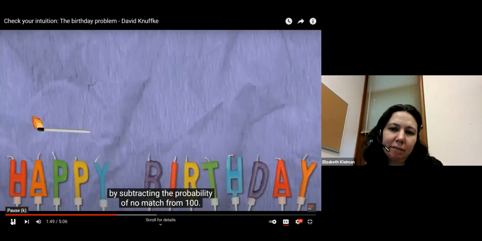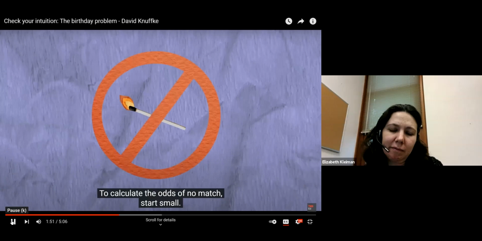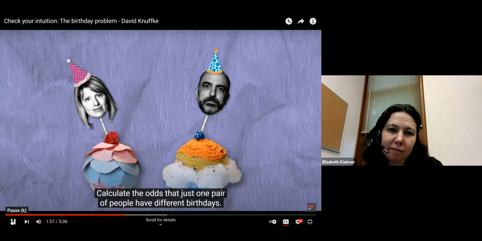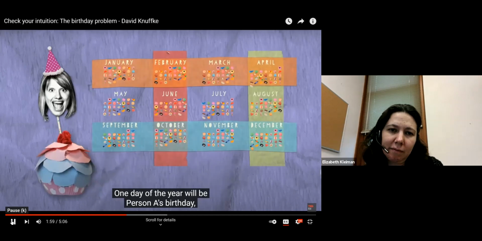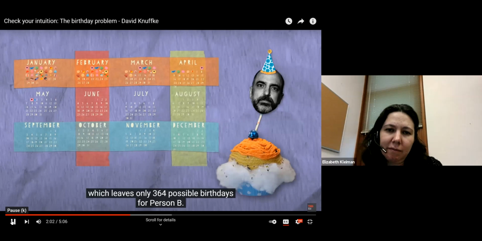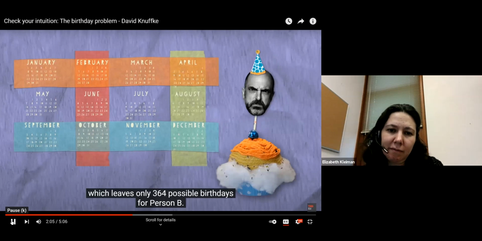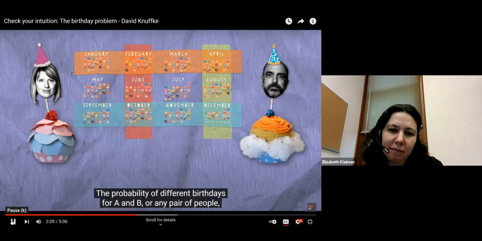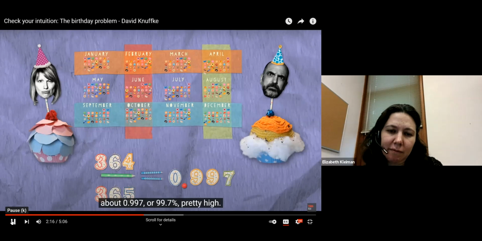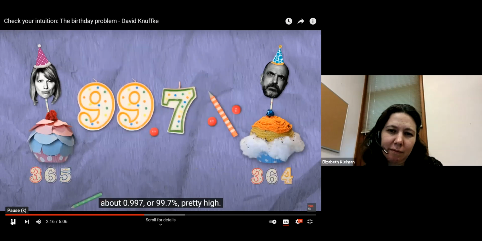To calculate the odds of no match, start small. Calculate the odds that just one pair of people have different birthdays. One day of the year will be person A's birthday, which leaves only 364 possible birthdays for person B. The probability of different birthdays for A and B, or any pair of people, is 364 out of 365, about 0.997, or 99.7%. Pretty high.